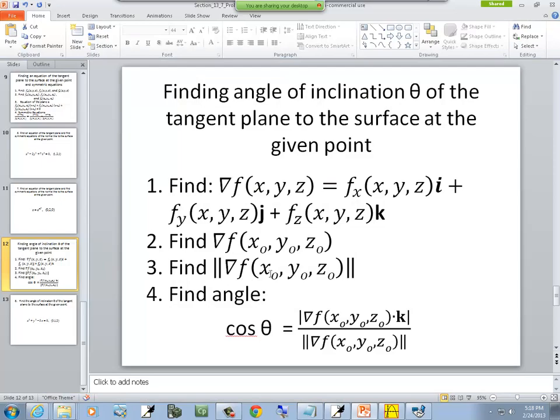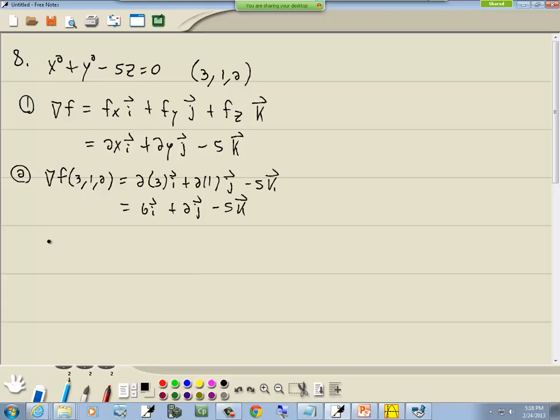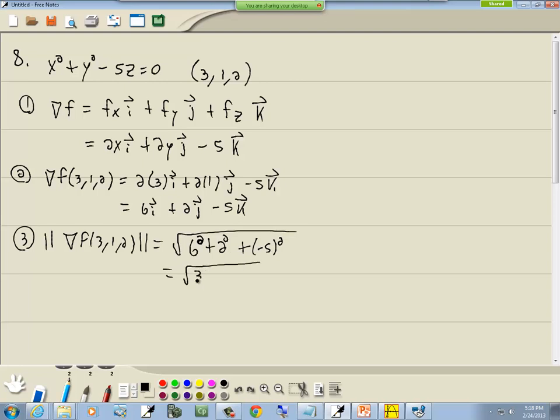Then we want to find the magnitude. So that's going to equal the square root of 6 squared plus 2 squared plus negative 5 squared, which is 36 plus 4 plus 25. 36 plus 4 is 40, so 65, square root of 65.